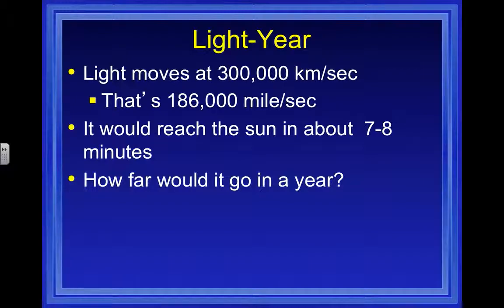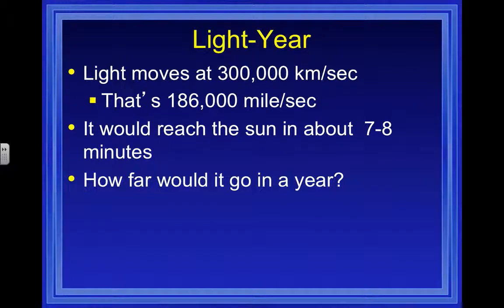So let's ask ourselves this question. How far would light actually travel in a year at 186,000 miles per second? So let's set up our Jack Eady Dirt Triangle. I'm actually not going to do it here on this PowerPoint, but you can set up the equation. We've got our rate, 186,000 miles per second.